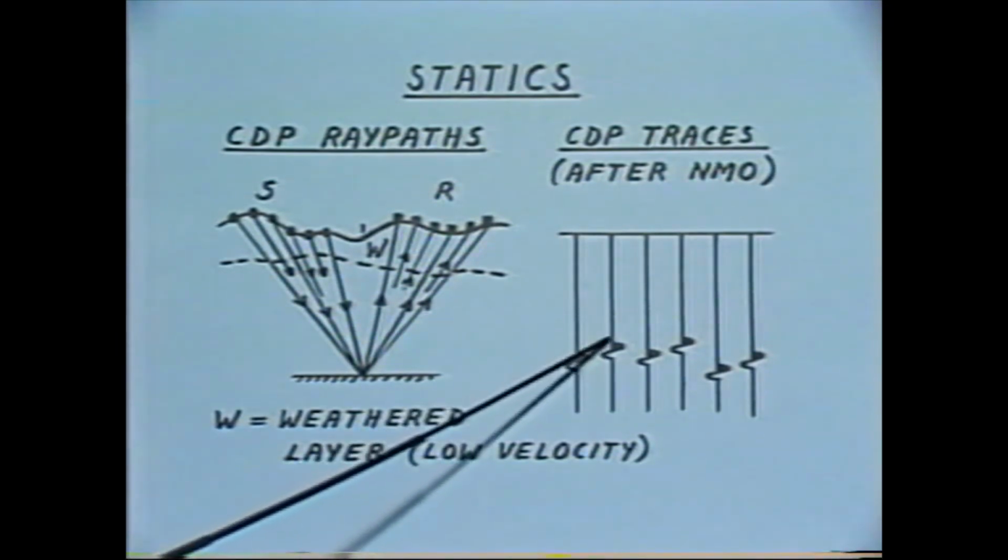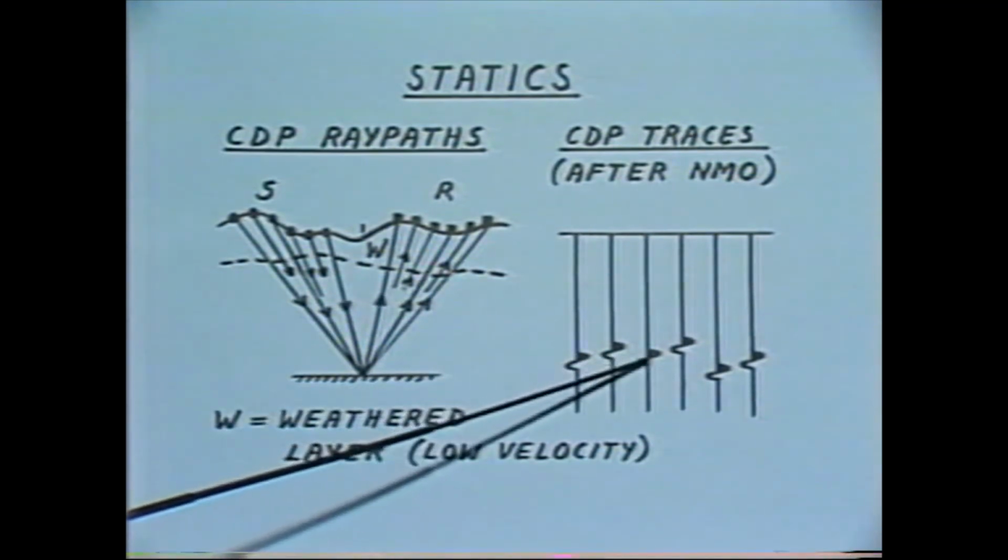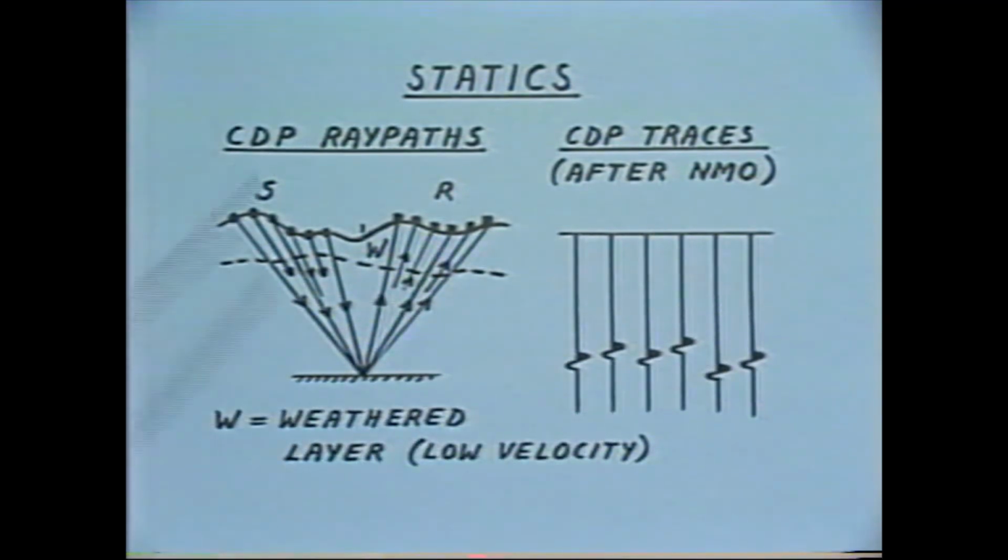The differences in arrival time of the reflections are caused by the different elevations, and also, in most cases, by the fact that there is usually a layer of very low velocity material, weathered material, just below the surface. So these remaining time differences on the reflector are due to different elevations.